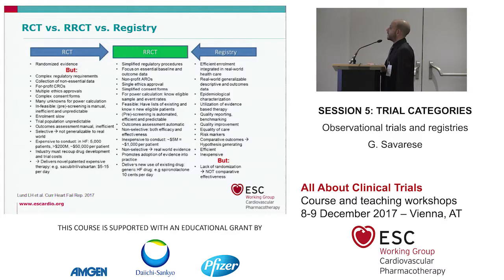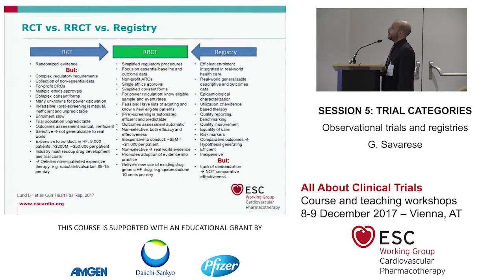For registries, we have a lot of advantages, they are cheaper, and we have a lot of information on the patients, but there is no randomization. So we cannot really test a drug because there is a lot of space for confounders. But with registry-based randomized clinical trials, we can find a compromise between these two study designs.